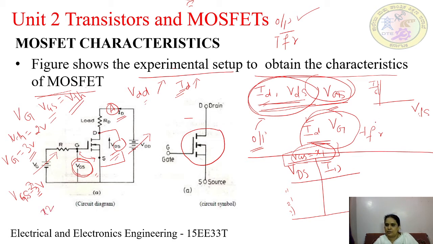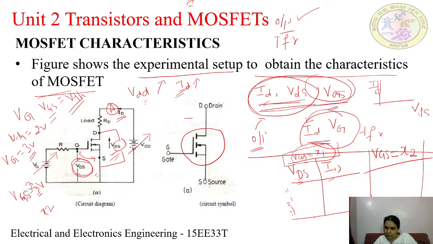So I write VGS equal to X2, and X2 in our example is 3 volts. Earlier we took VGS as 2 volts. For that value of VGS, I varied VDD such that readings of VDS and ID were obtained.